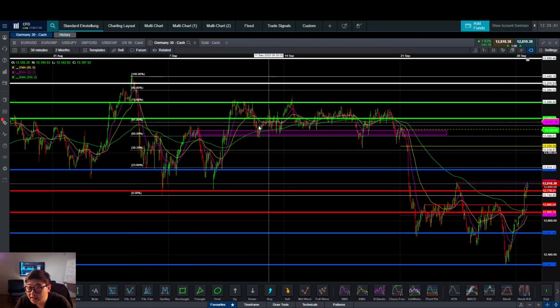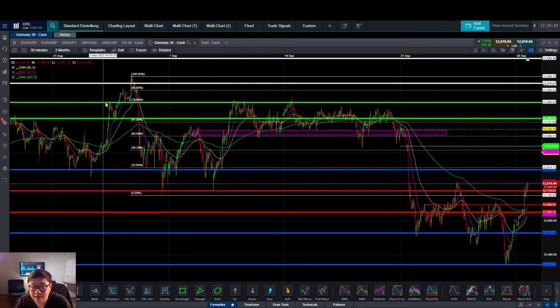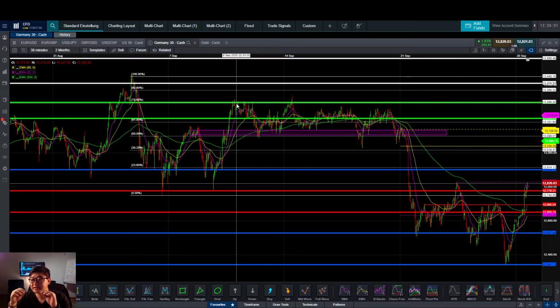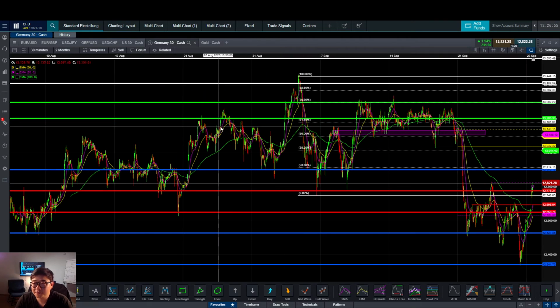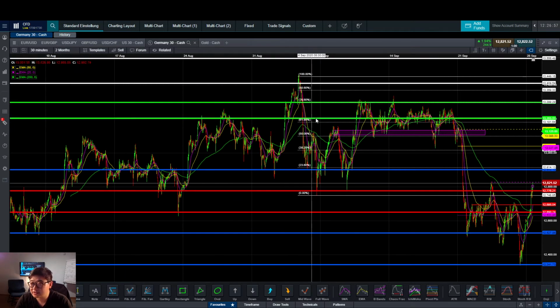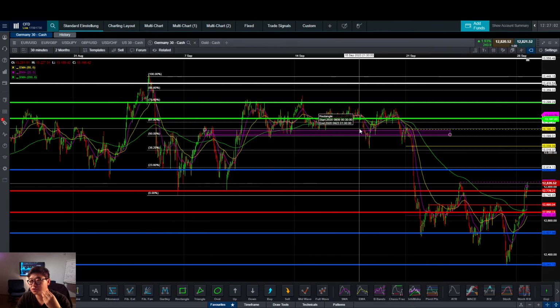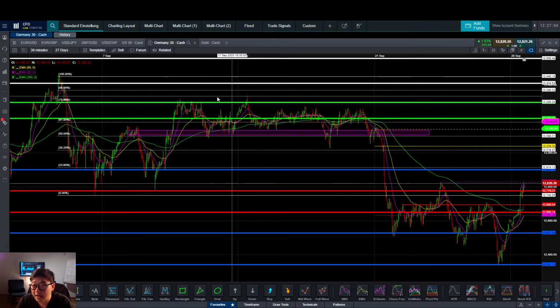Yes, you see, I just love it. It comes right by my support and resistance lines. Look at this. You don't need to draw your Fibonacci all the time. Sometimes the support and resistance have to confluence with your Fibonacci in order to make good sense. So what happened here?